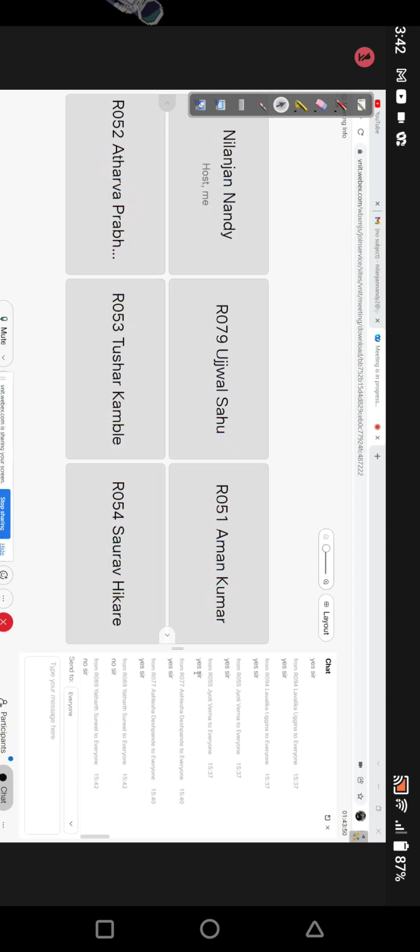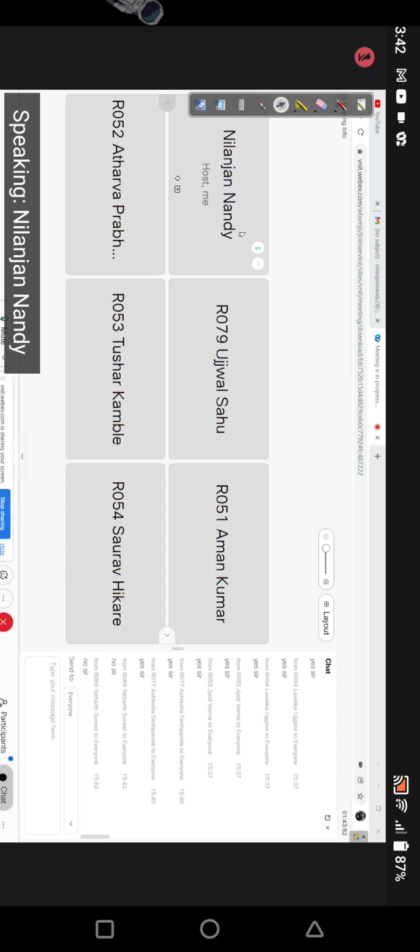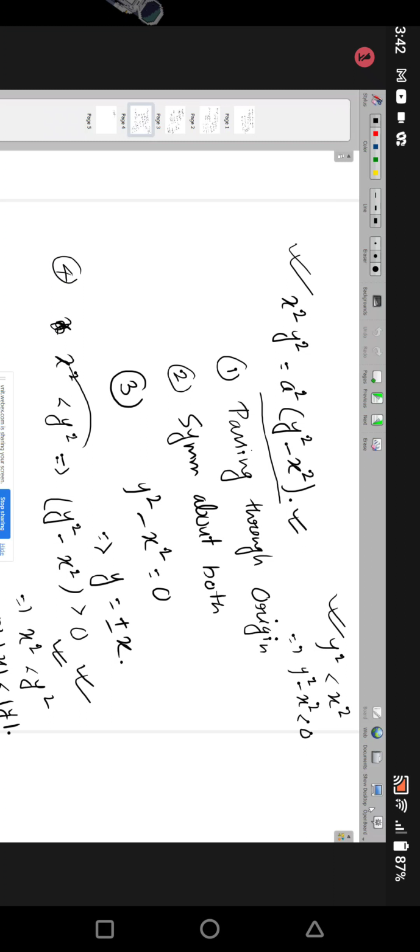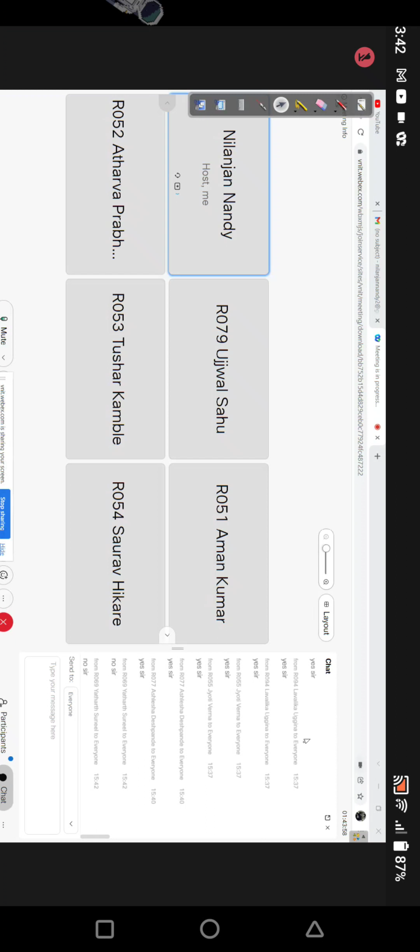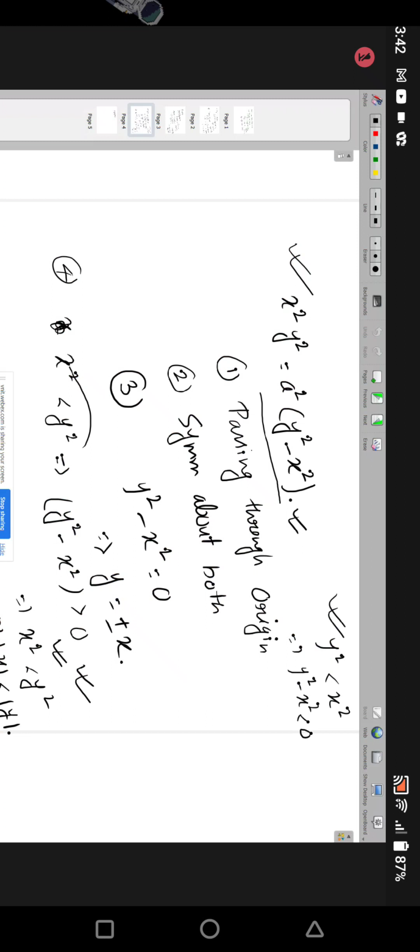You can simply check by extending x to infinity. There is no asymptote parallel to x-axis, because if you put x tends to infinity, y does not tend to a finite number, right? But the asymptote parallel to y-axis exists.